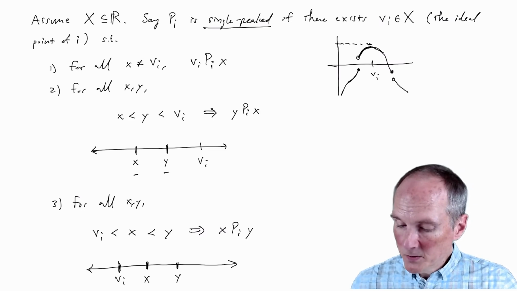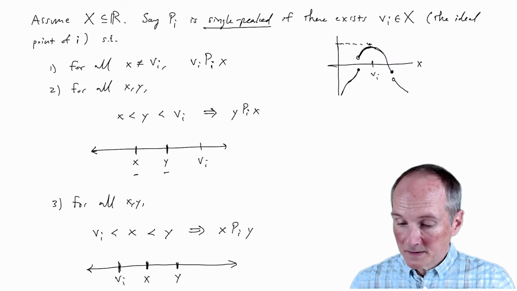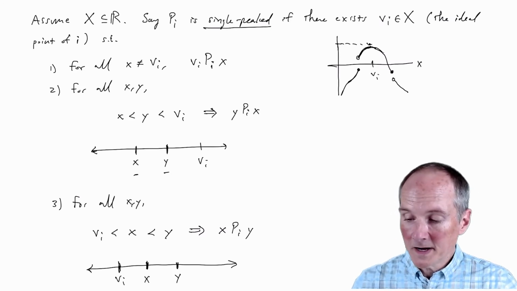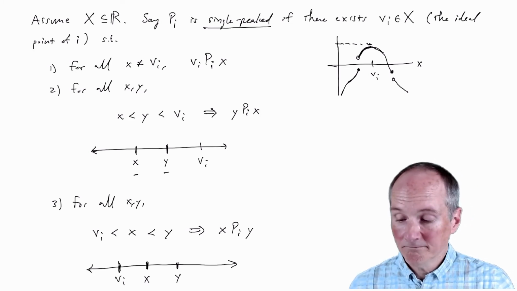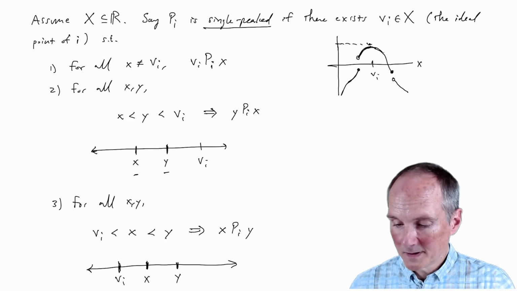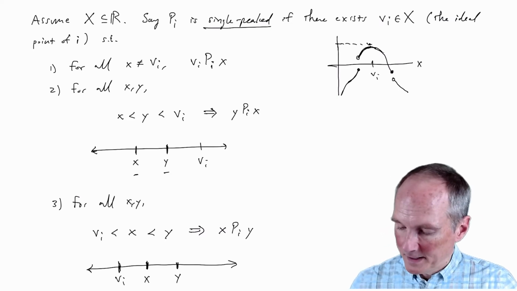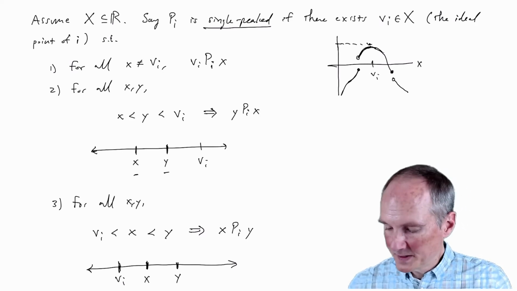All right, so that's the idea of single-peakedness. I should say, just an aside, not every single-peaked preference relation has a utility representation.